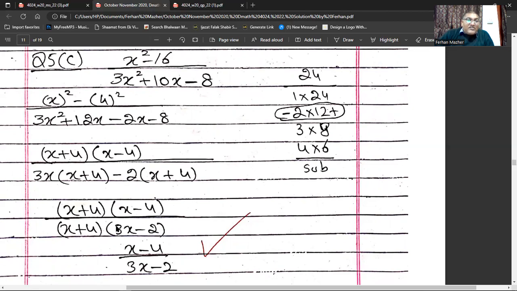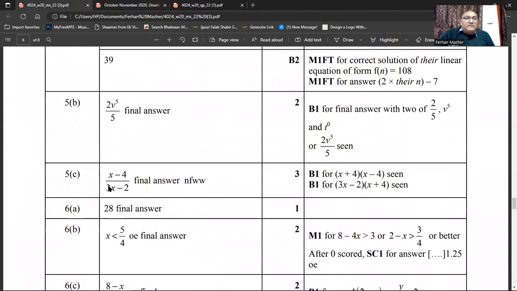From here, I will have minus 2. This x plus 4 will be cancelled. So you are left with x minus 4 divided by 3x minus 2. Our answer is right.